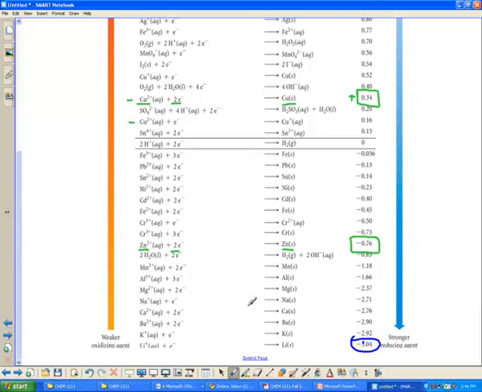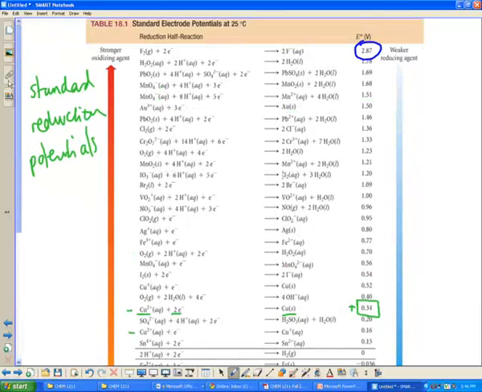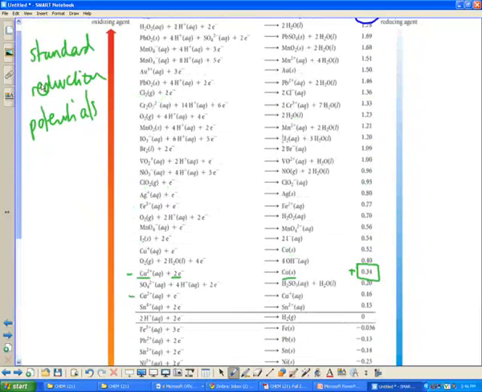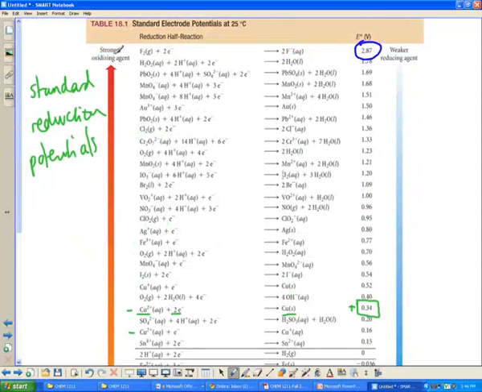Larger negative, stronger reducing agent. Larger positive, stronger oxidizing agent, because they do exactly the opposite. And something that's a really strong oxidizing agent is also going to be a weak reducing agent, as you would imagine. So the more positive the reduction potential for a particular species, the better the oxidizing agent.